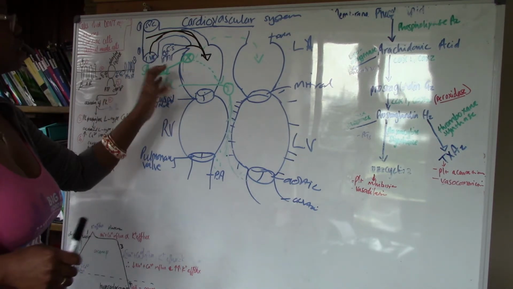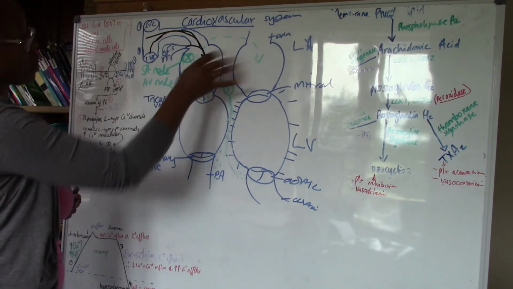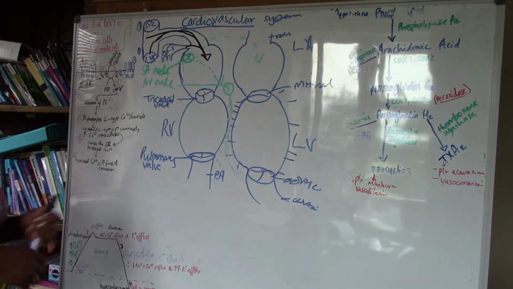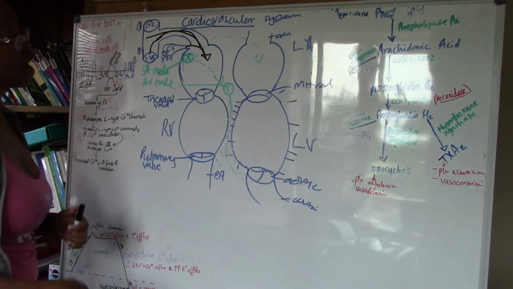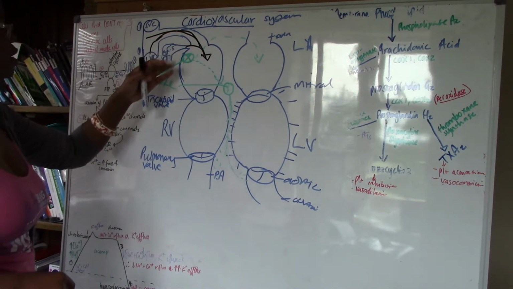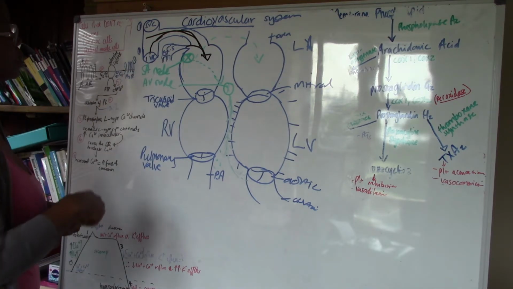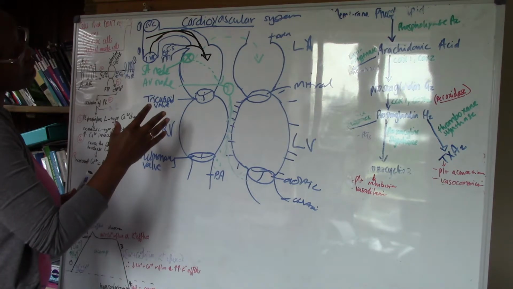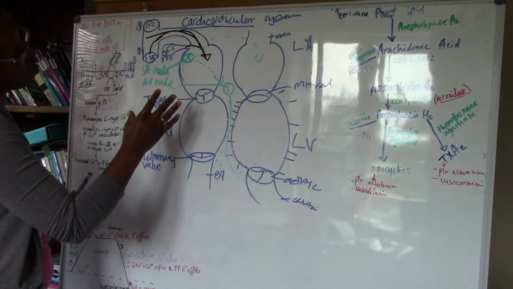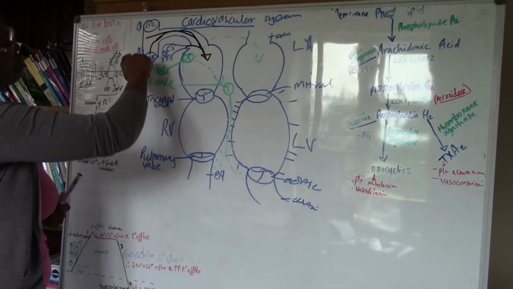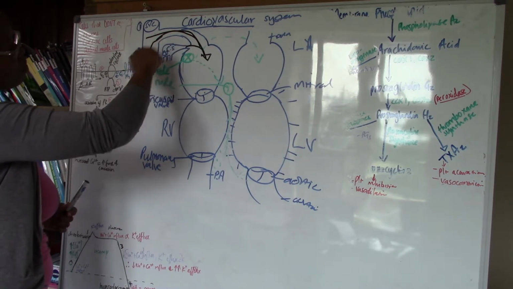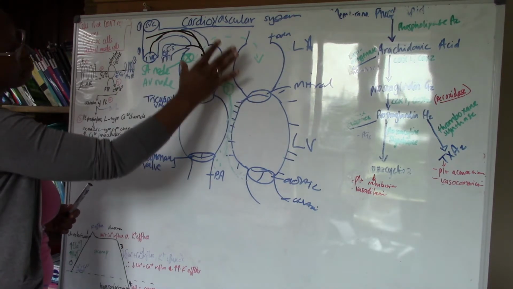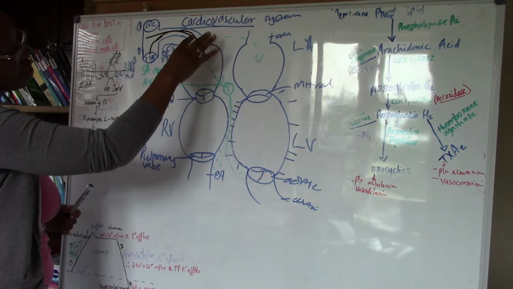An impulse occurs, depolarization of the atria occurs, and the atria contract. Blood comes from all the three places, and as it fills, the atria then contract.